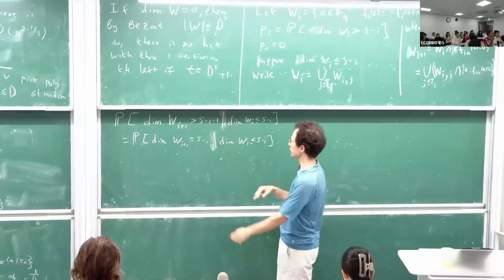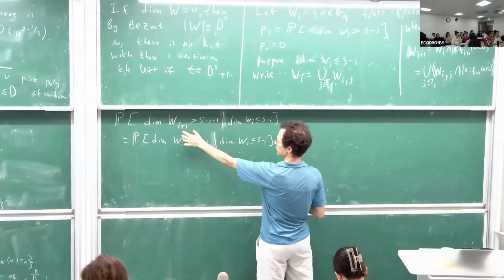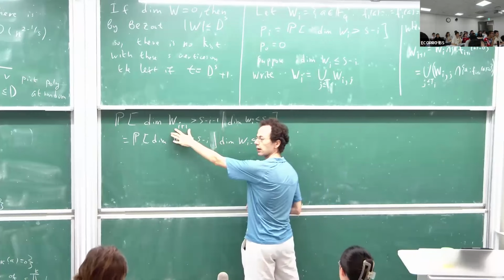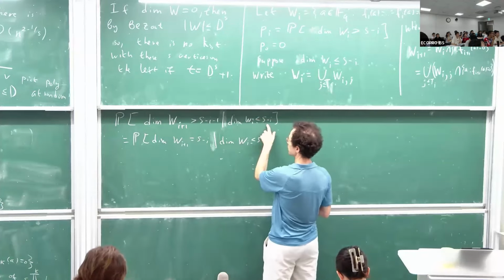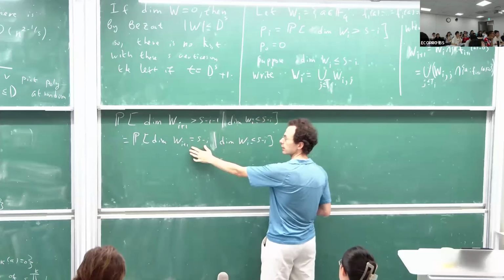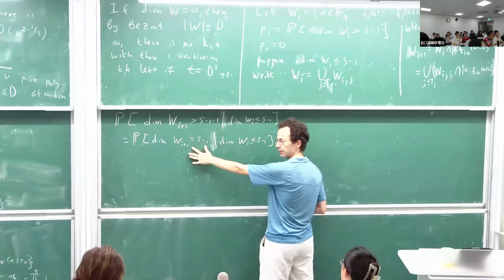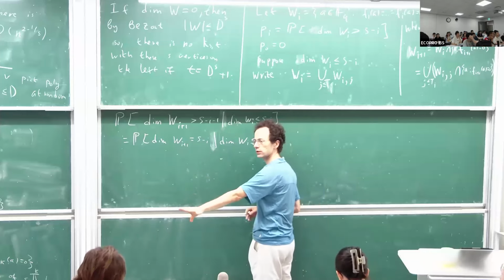The only way this can happen is if the dimension of this is definitely no bigger than the dimension of that, so the only case I need to consider is when this is no more than S minus i and that is bigger than S minus i minus 1.